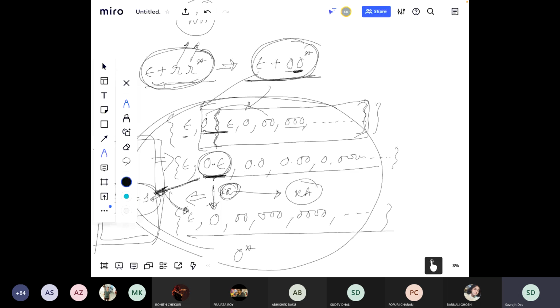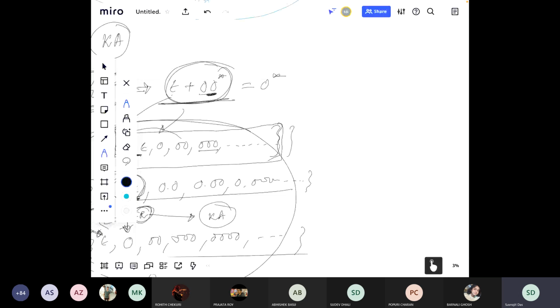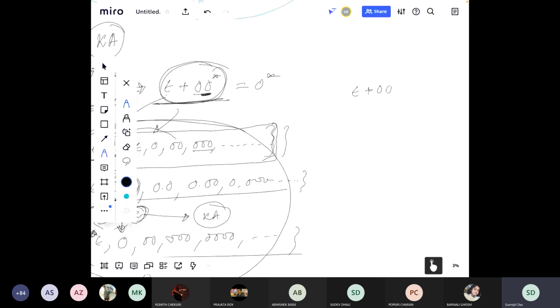Now, this is not an accident, but a fact that epsilon plus 0, 0 star is 0 star, which can be derived from a Kleene algebra rule that reads epsilon plus r star is r star. This is a rule in Kleene algebra, right?